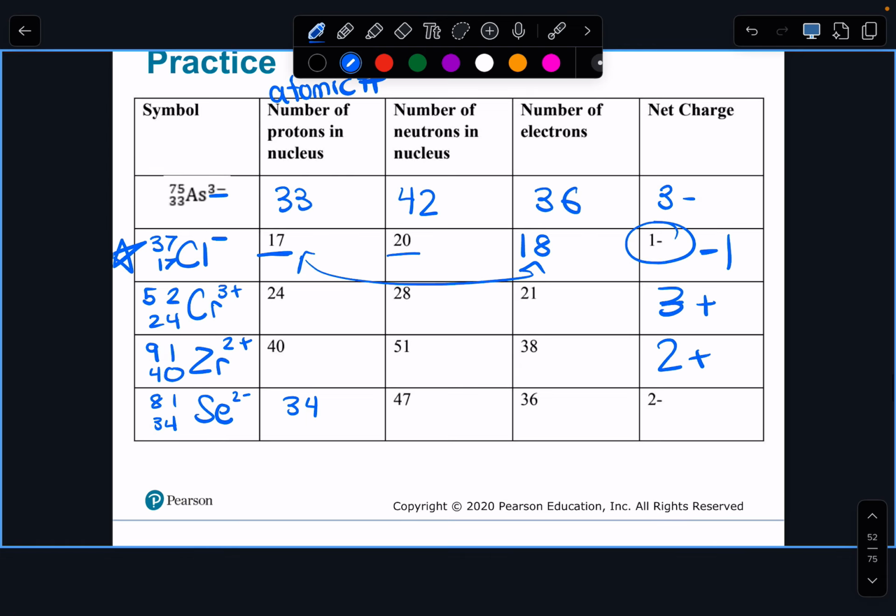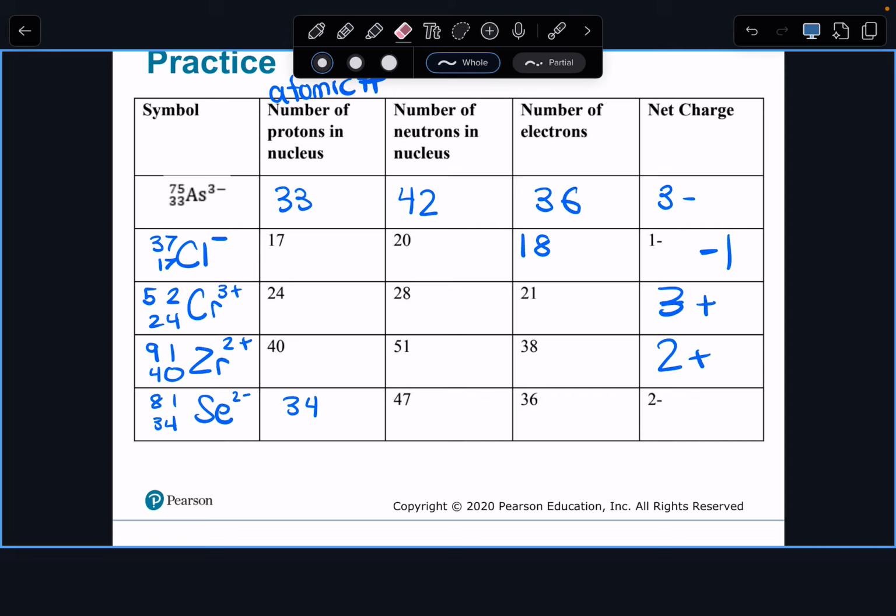All right, so as you're finishing up, go ahead and check your answers. If you are given the mass number, like on the first one, then these two should add up to this.